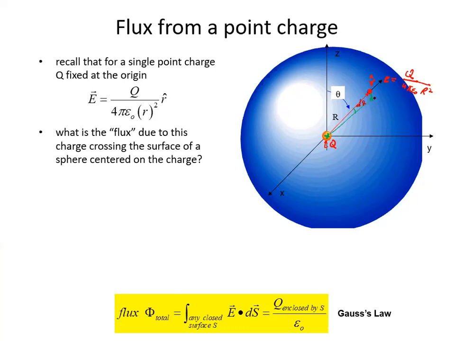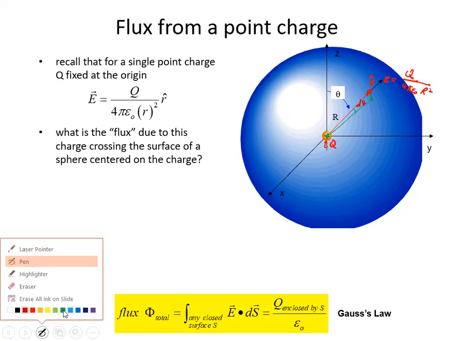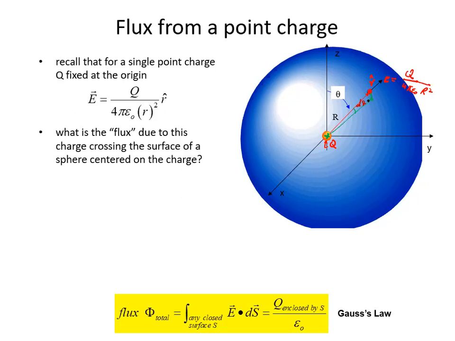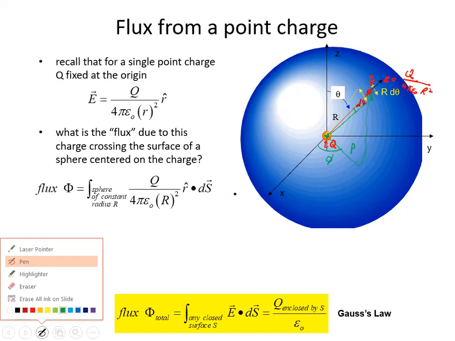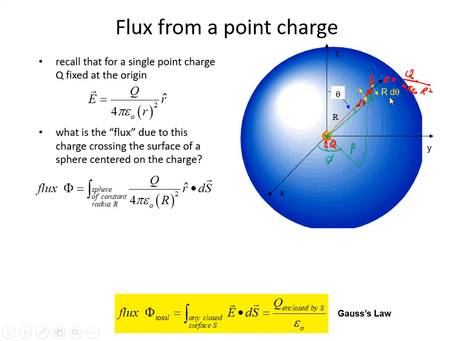Similarly, if this is projected downward, here is rho, and it's making an angle phi. Then there's another angle.